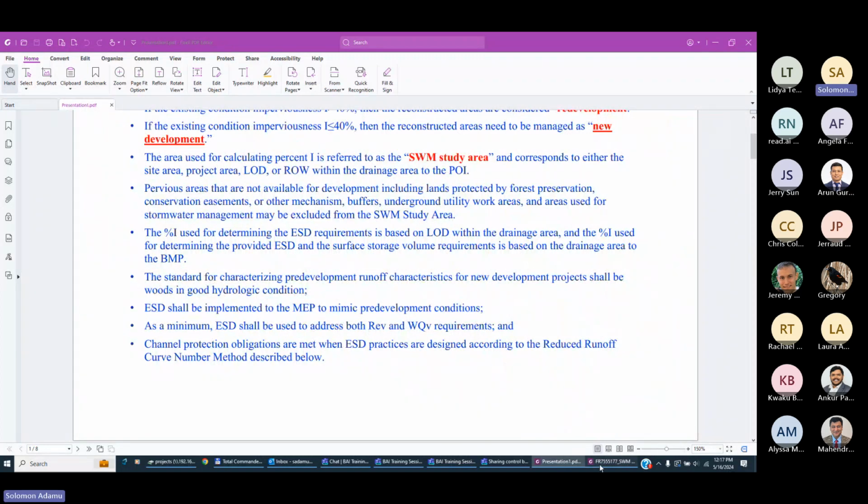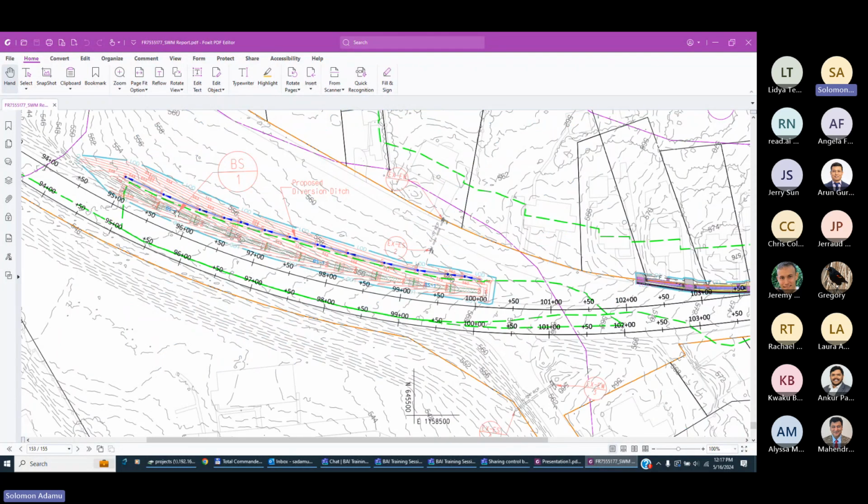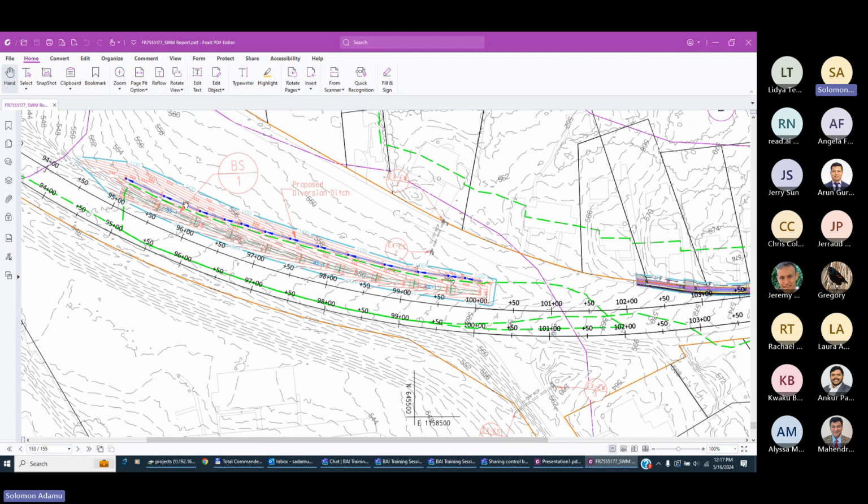And the other thing is, when we design the ESD facility, it's not based on the LOD, but on the drainage area to it.